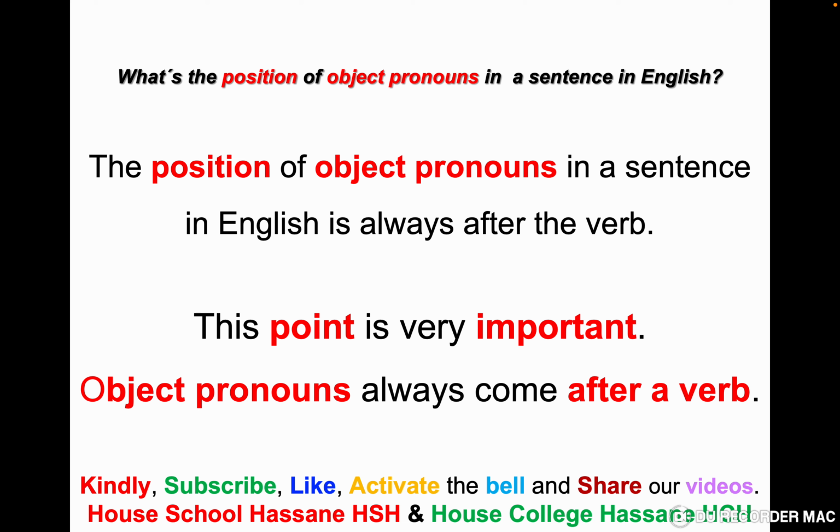Never before the verb. Always after the verb. This point is very important. I repeat, object pronouns always come after a verb. So this is what we are going to focus on today.